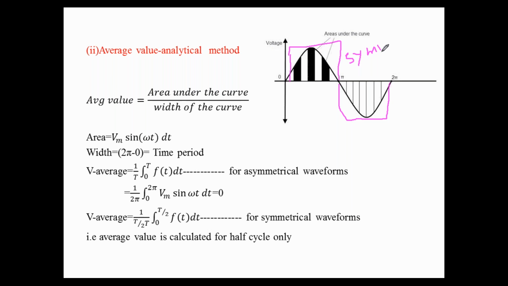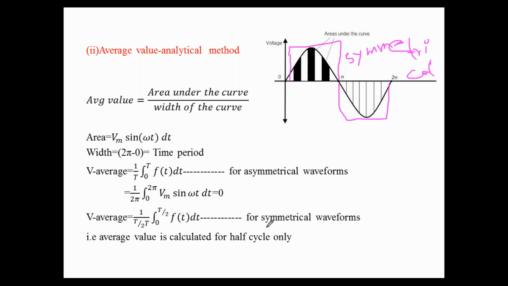That is, if the positive half cycle is equal to the negative half cycle, then those types of waveforms can be called symmetrical. So for symmetrical waveforms here, its average value becomes 0. So it becomes difficult to calculate the average value this way.